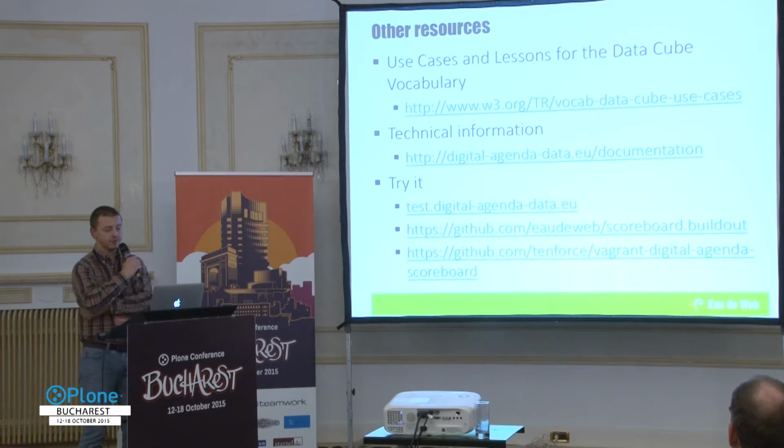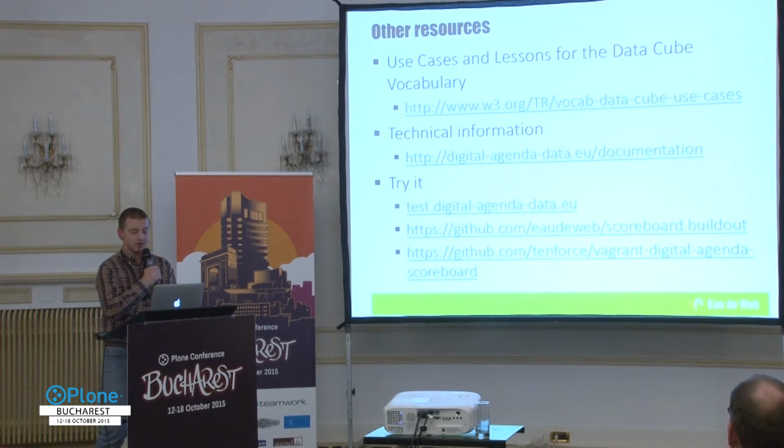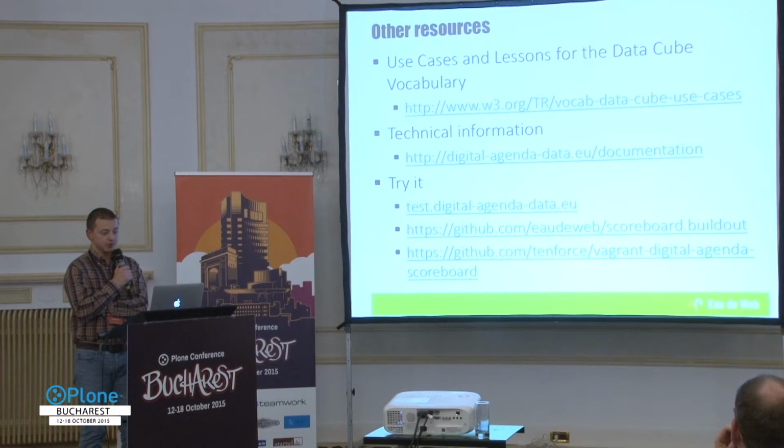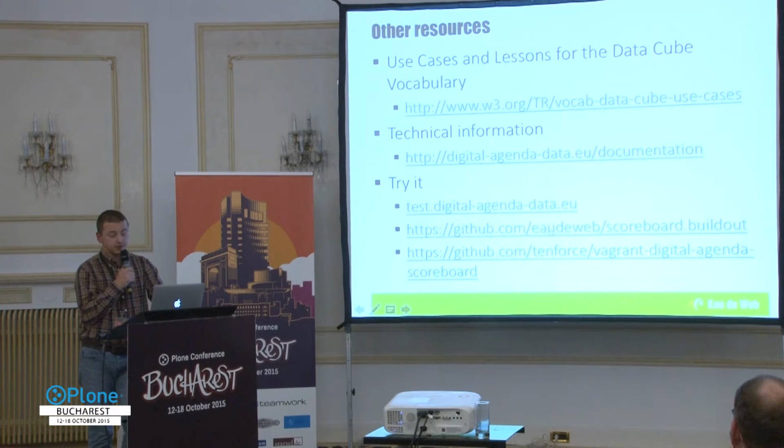Some useful links. There are some official use cases and other use cases and recommendations for those who have to do the same. And our documentation page here, the test website, it's open source. I didn't mention that. It's still on ODWeb's GitHub repository.